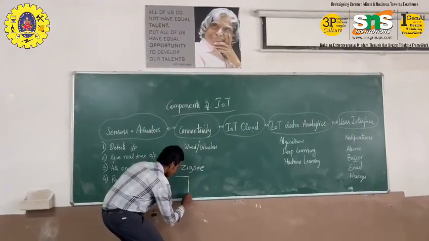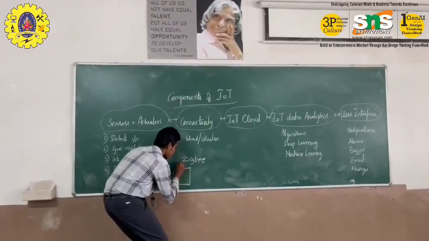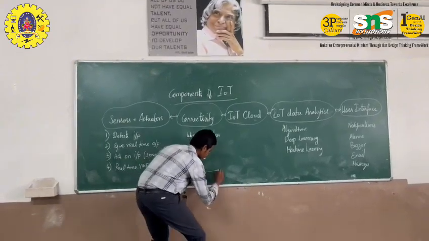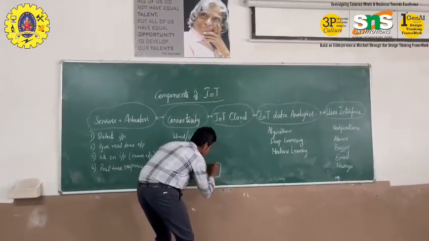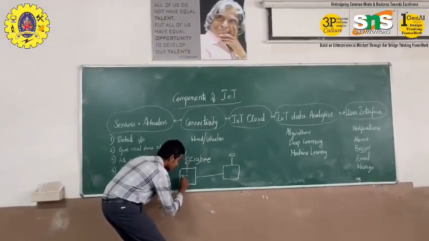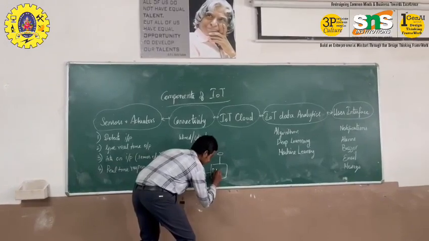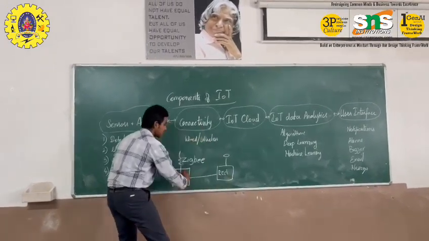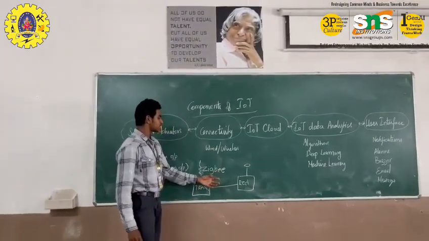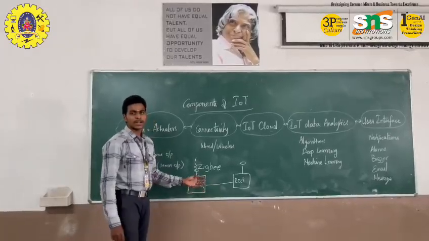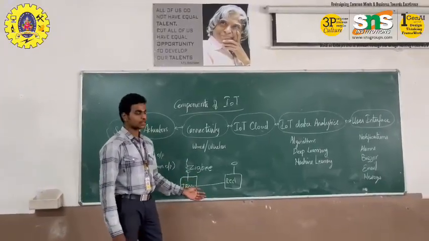There will be two modules with an antenna, one a transmitter and another a receiver. The transmitting range is 10 to 100 meters. In industry it is the most used in communication.